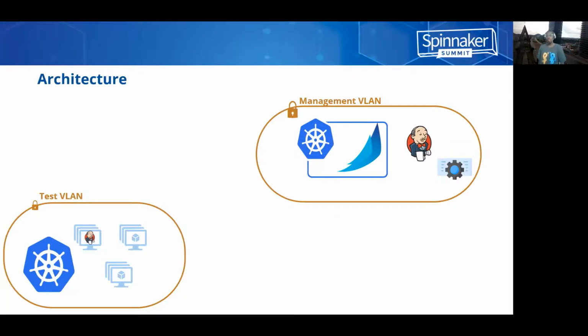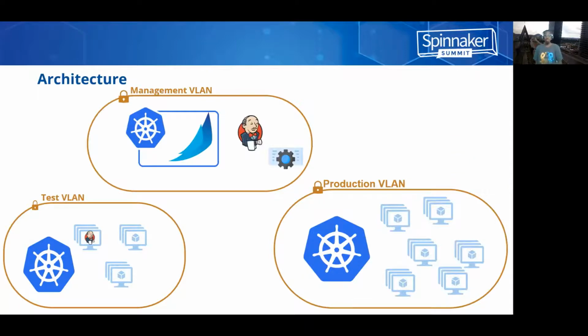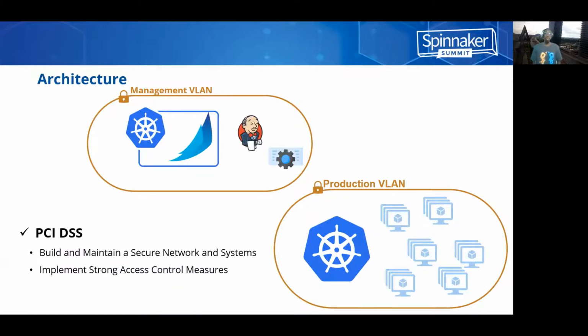And from the management VLAN again, Spinnaker can easily communicate with the prod VLAN, where it deploys prod applications using the prod pipeline.